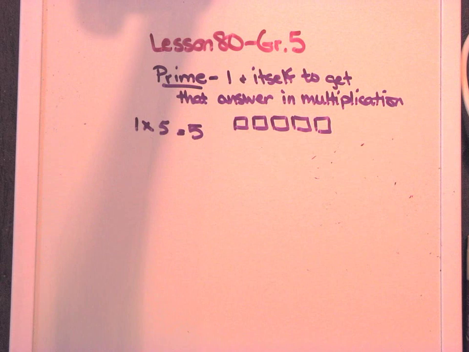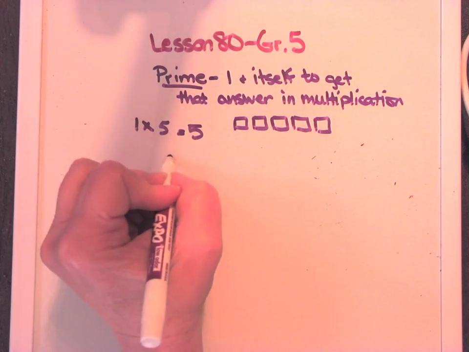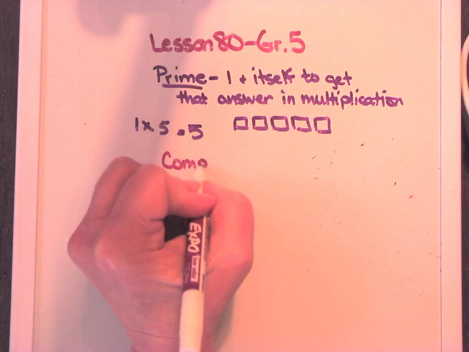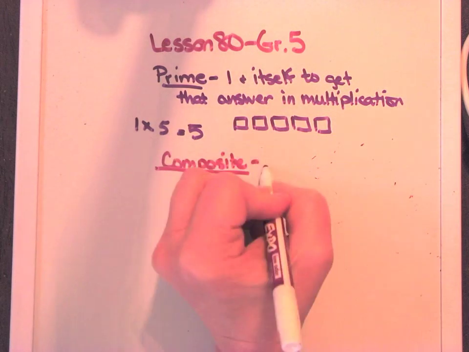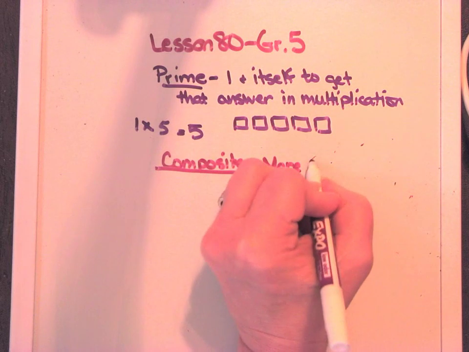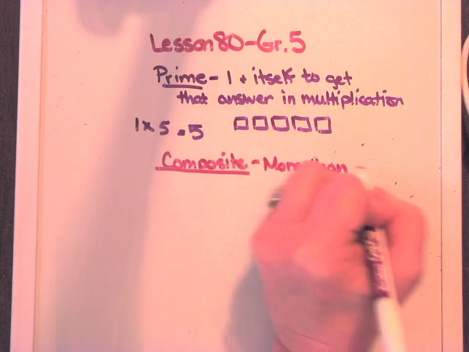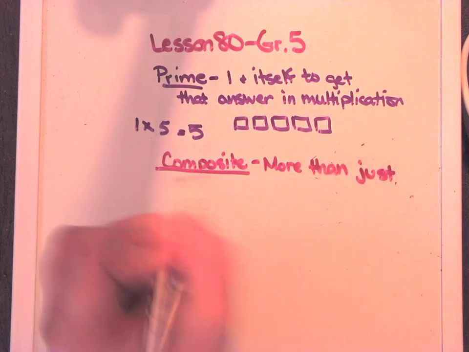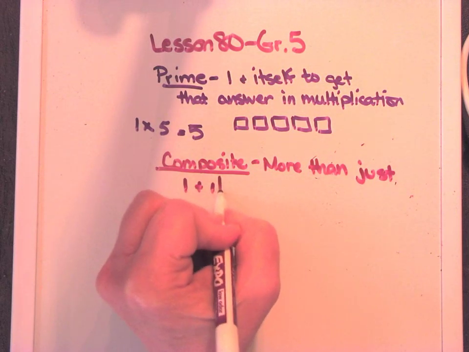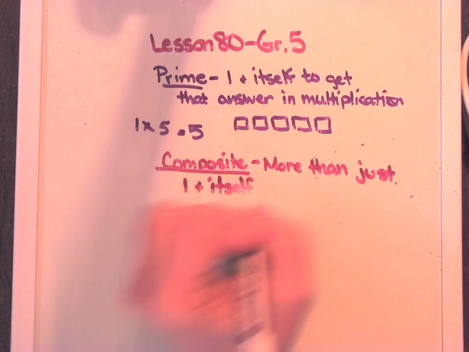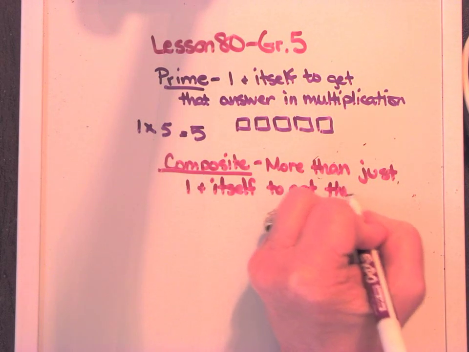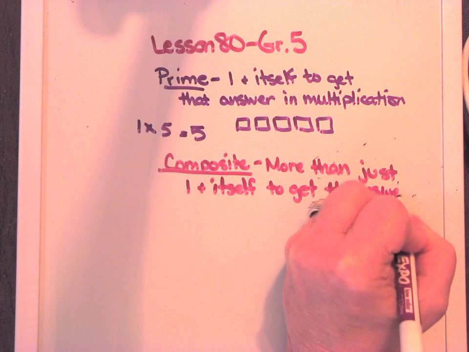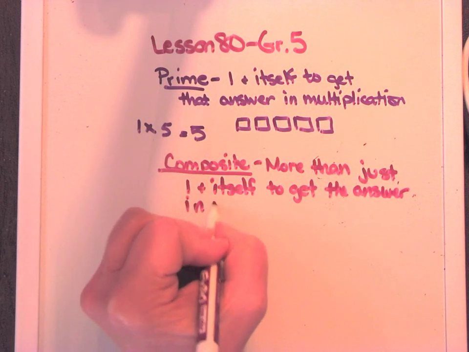If it were a composite number, it has more than just 1 and itself to get the answer in multiplication.